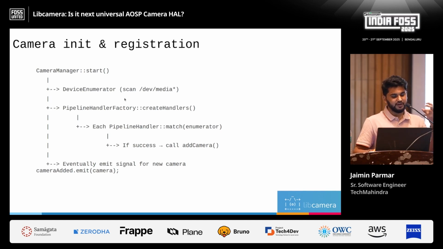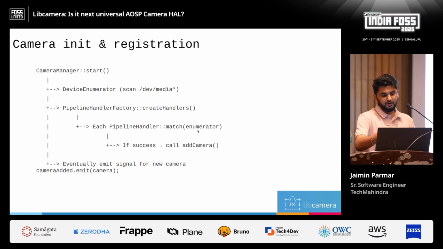Once it has all the media devices, it will try to get their entities and the capabilities of the ISPs. Once it gets the name of the entities, it will call create handlers. Create handlers will get all the available pipeline handlers in your Libcamera, and one by one, each pipeline handler must have a match function.